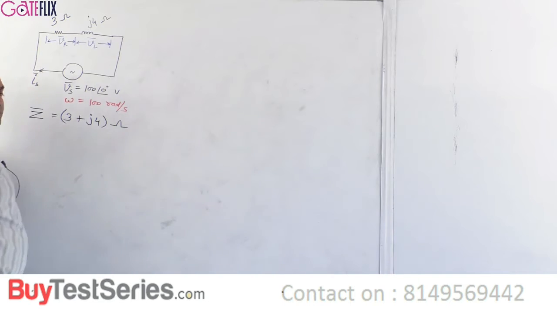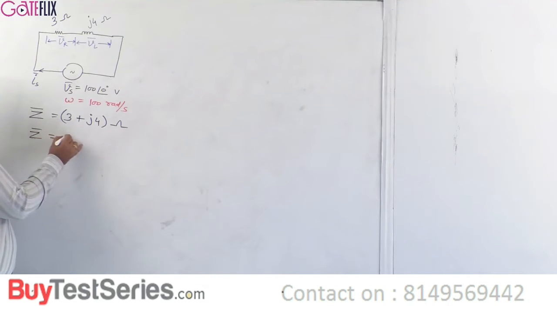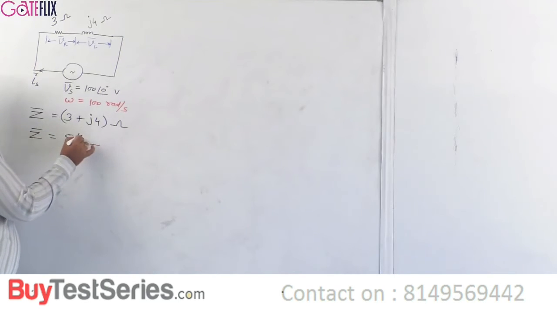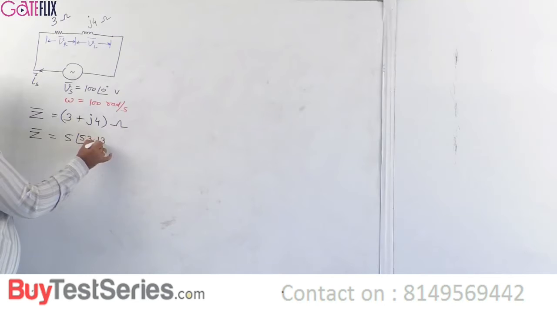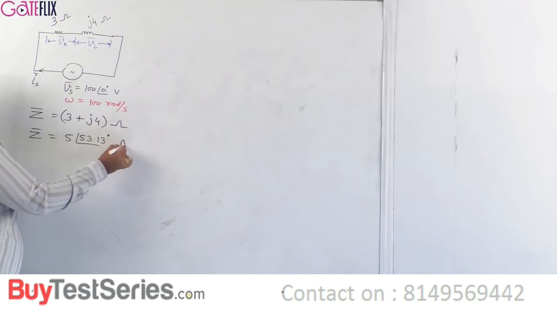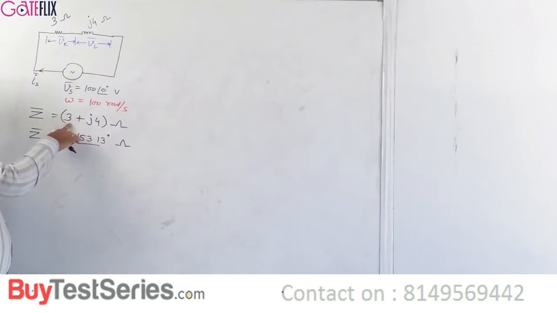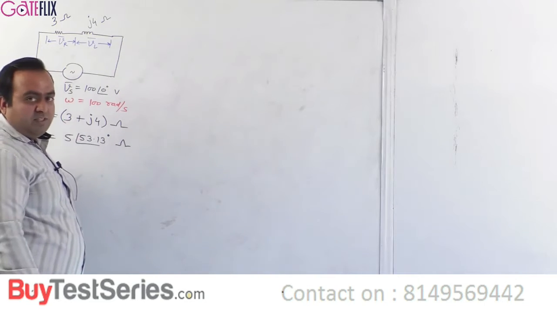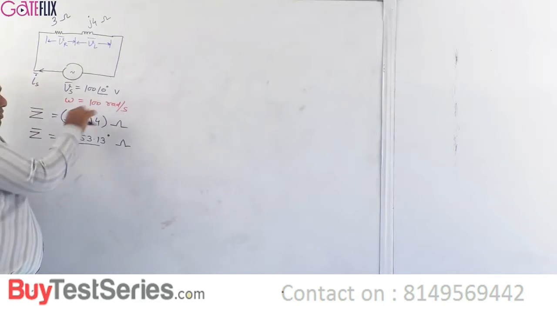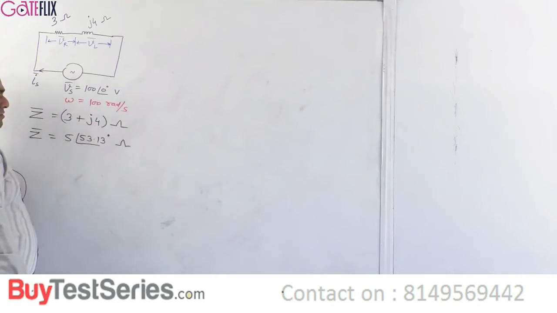So Z is 3 plus J4 ohms. Equivalently, we can represent it as 5 angle 53.13 degrees ohms. Tan inverse 4 by 3 is 53.13 degrees, and under the root 3 square plus 4 square is 5. So the magnitude is 5.